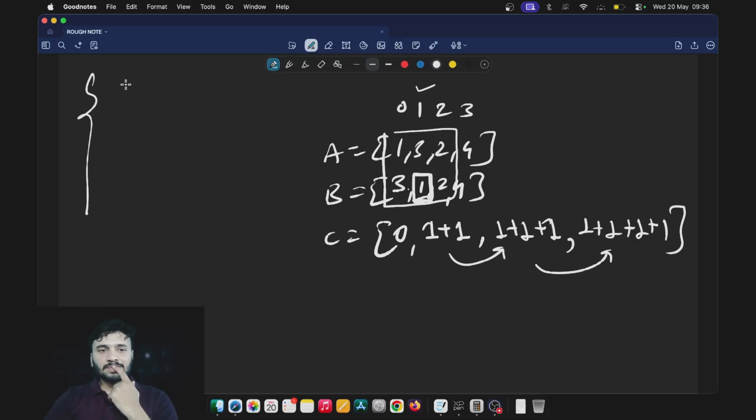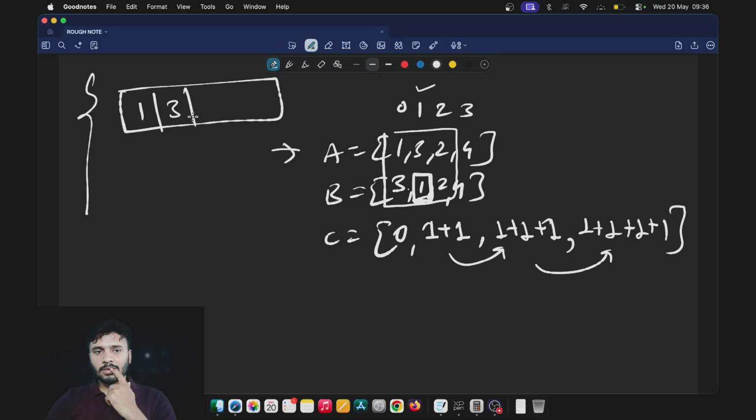Let's check. Since it's mentioned there are n numbers, at most 50, we can put an array of 50 and put the numbers in. So 1 from array 1 and 3 from array 2. Every time we create this window, and we can optimize later, let's say for this instance we create it every time and put all these elements into it by the frequency approach.